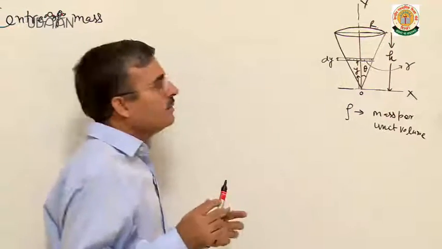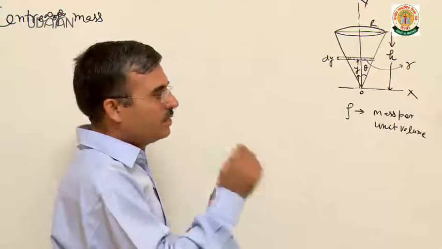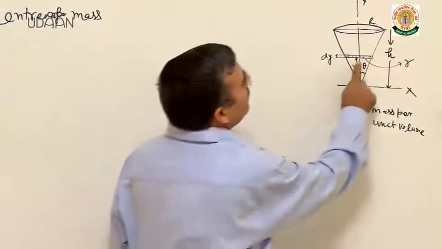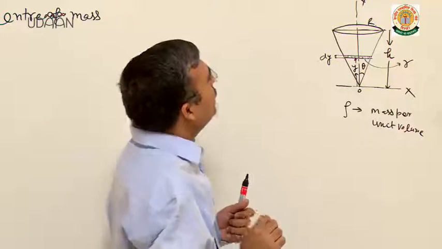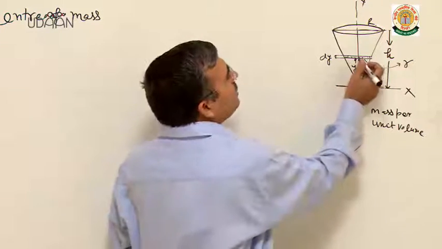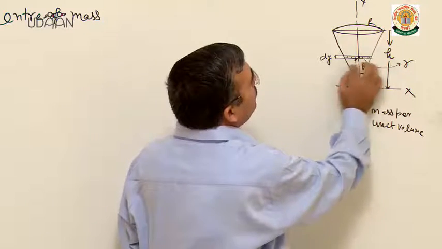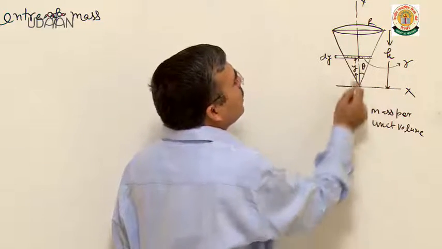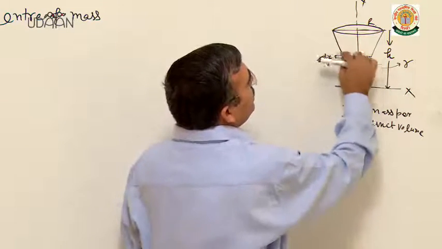That part will be a disc of thickness dy and radius r. Clear? And the center of mass of this disc will be at the center of this elementary disc, and that point is on the axis. It is the center of mass of this element.